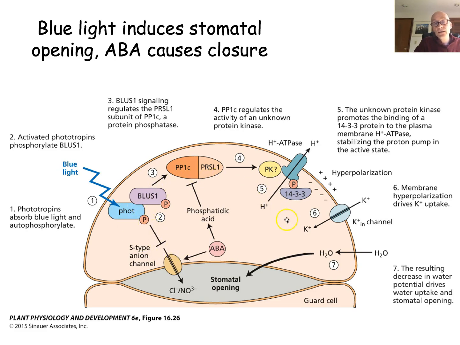So all of these together with this hormone, together with phototropin, with the blue light reception and all these intermediate pathway steps, and then the membrane transporters and the water potential changes, all of these things that we have discussed so far, will then regulate the opening of the stomata under certain environmental conditions, light and drought.